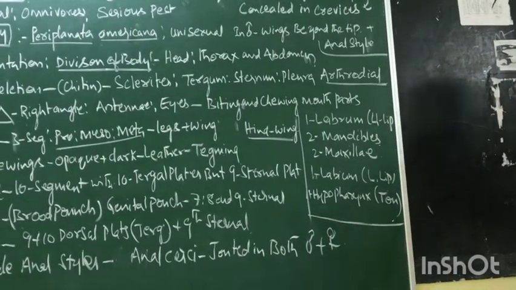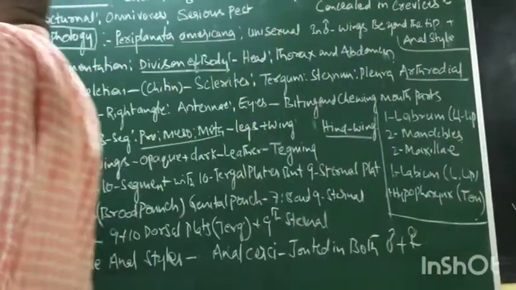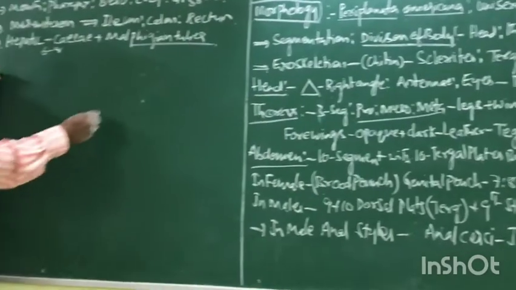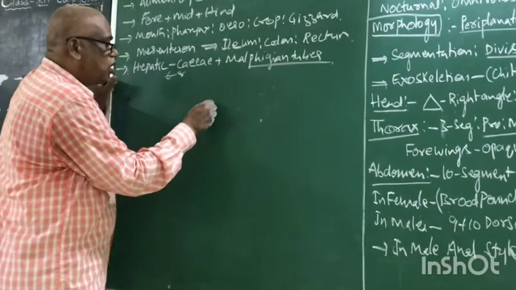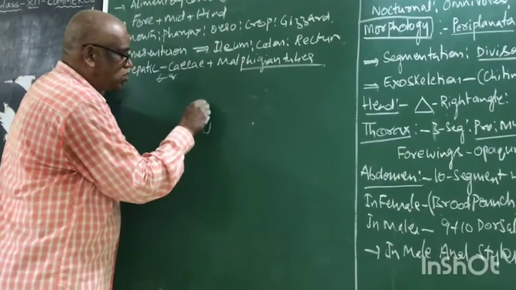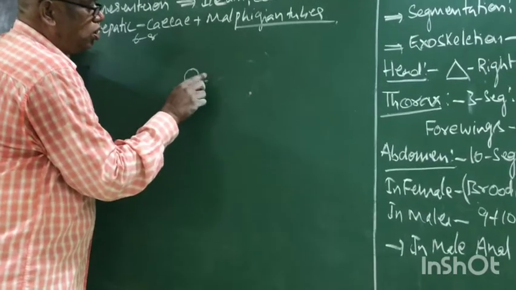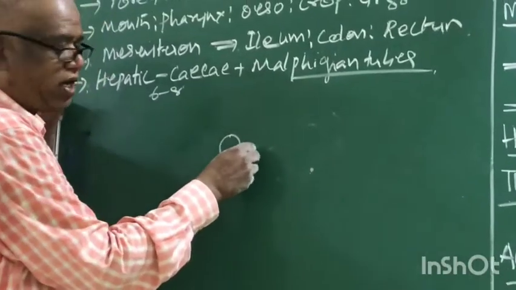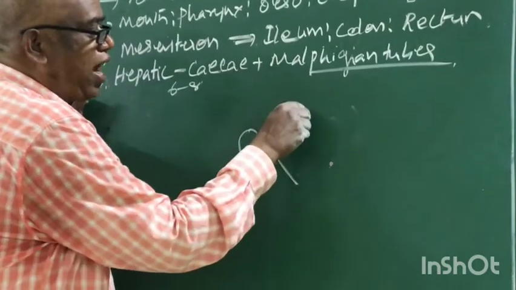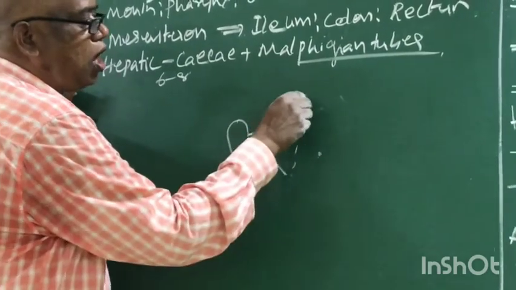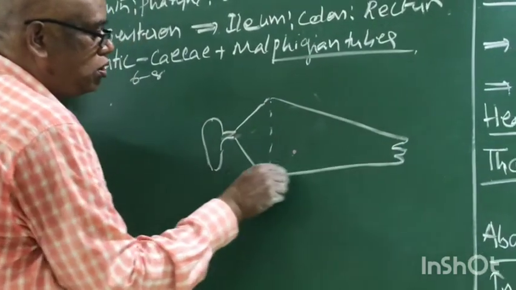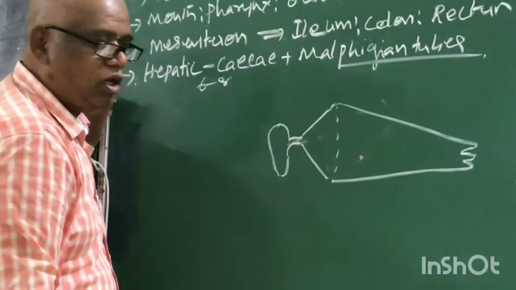Now, see. It is a rough diagram of cockroach. Now, it is the head, round. It is neck or cervical, thorax, abdomen. Right.